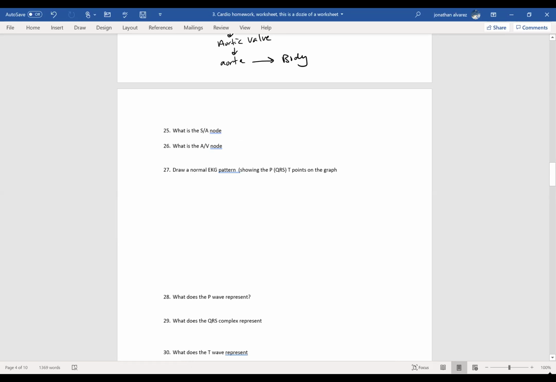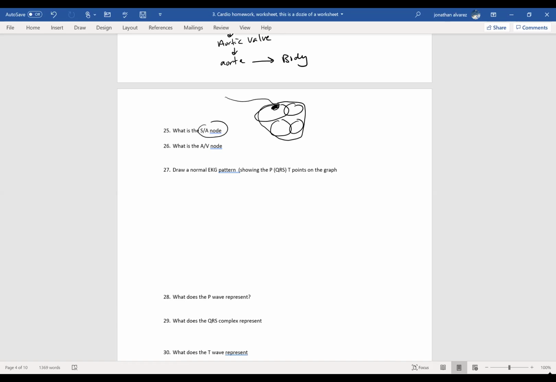And the sinoatrial node is a specialized nerve inside the atria of the heart. Right, so there's the upper chambers, there's the lower chambers. On the video, in a diagram that we did, the nerve comes in and hits the sinus area.